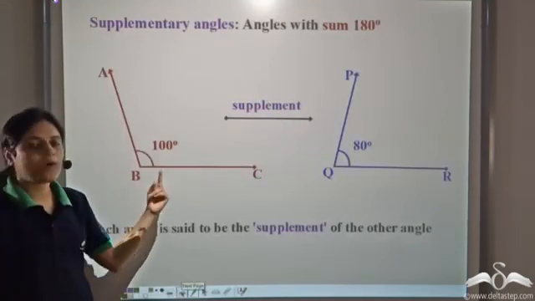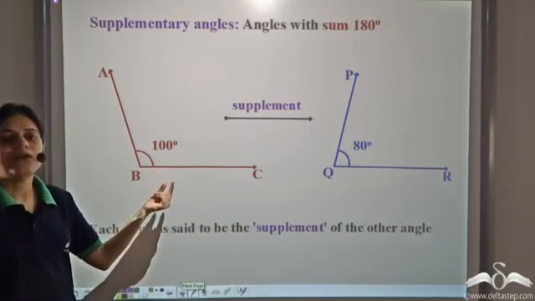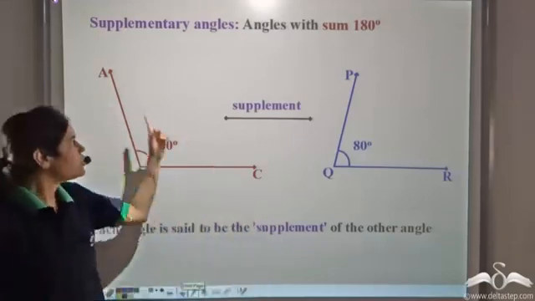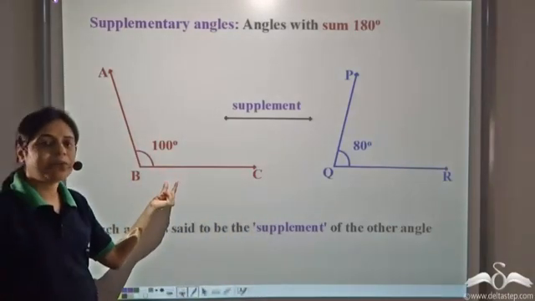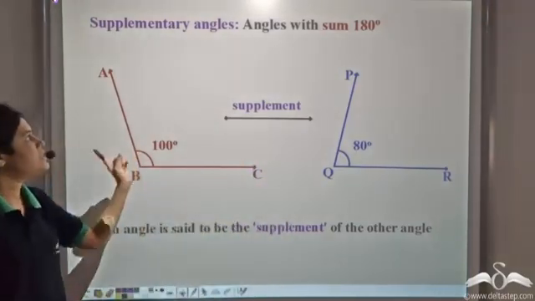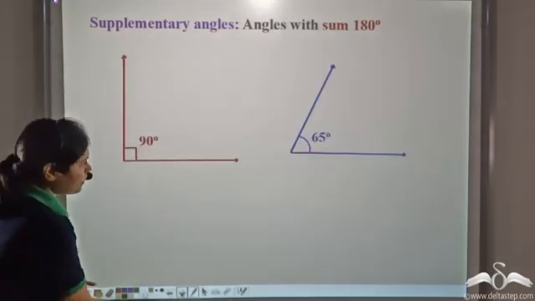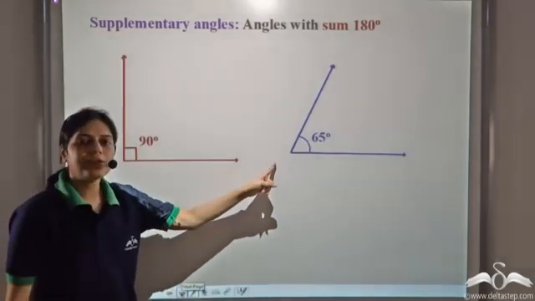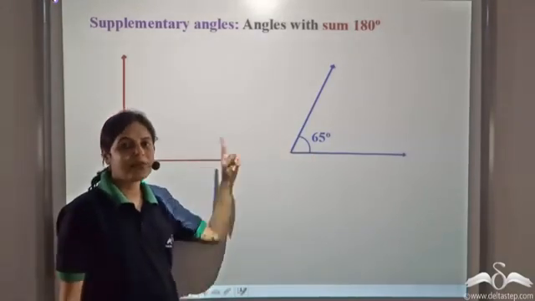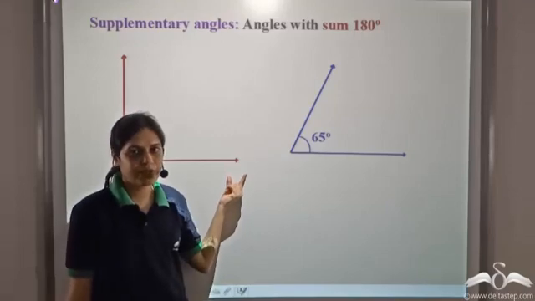Now, we have these two angles which are supplementary. So, each angle is said to be a supplement of the other angle. So, ABC is the supplement of angle PQR, and PQR is the supplement of angle ABC. These two angles are 90 degrees and 65 degrees. Their sum is 155 degrees. Hence, they are not supplementary.